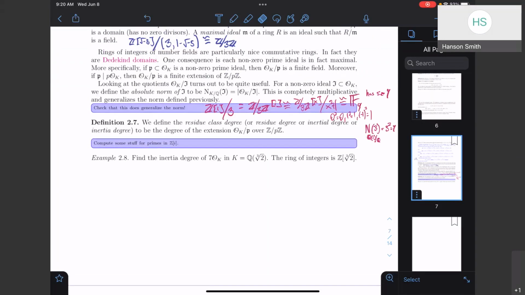Is this all right, or should we do another example? Okay, cool.